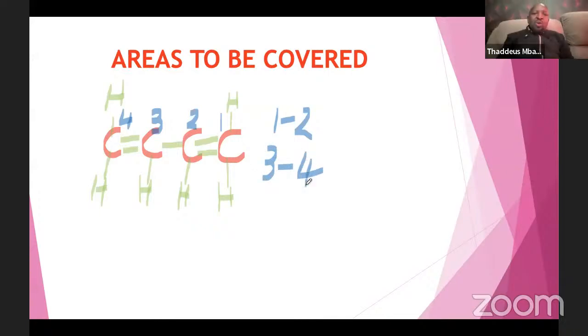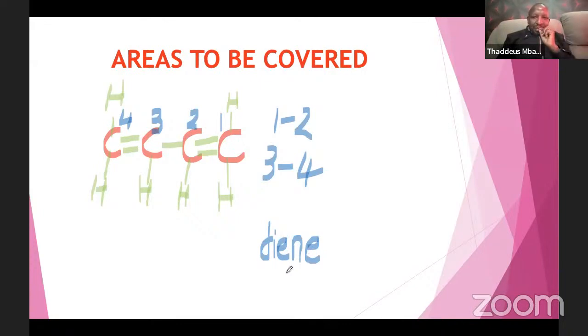So here you use the word diene. Di means 2. So when you say this is a diene, there are 2 double bonds. Remember, students, when you use the suffix ene, it means there is a double bond.